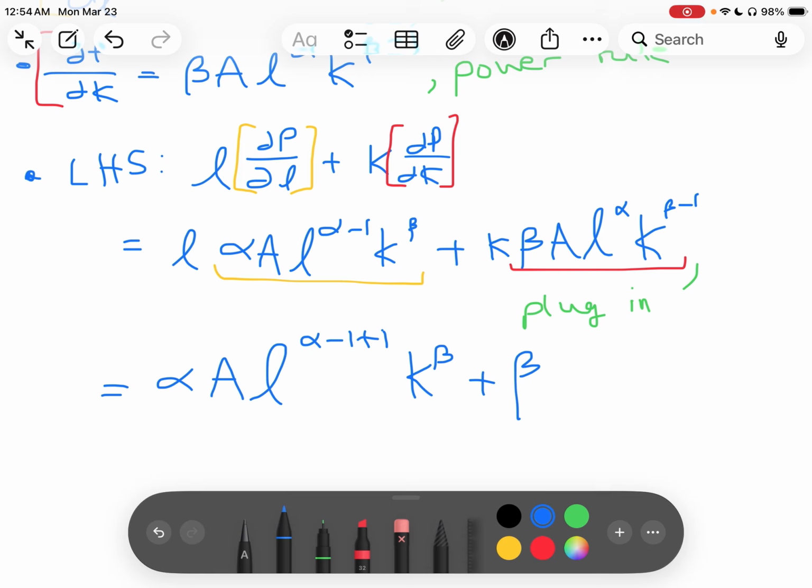And then I'm going to do the same thing for here. You see there's two K's here. And when you multiply them, you just add the exponents. So think of this as K to the power of 1 and then beta minus 1. So when we add the exponents, we have L to the alpha, K to the beta minus 1 plus 1. And then we can cancel these out eventually.